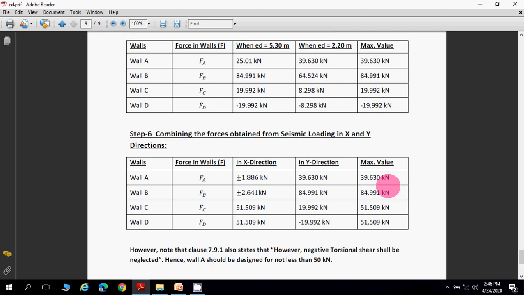So we have to design this wall for a minimum of 50 kilonewton. If we design this wall for 39.630 kilonewton, then this wall will fail in translation, because the total force active on this wall is 50 kilonewton. Hence wall A should be designed for not less than 50 kilonewton.